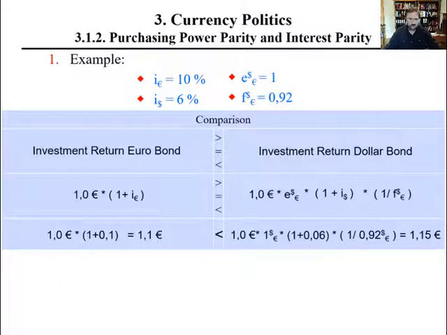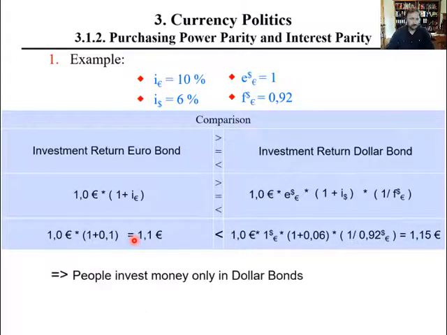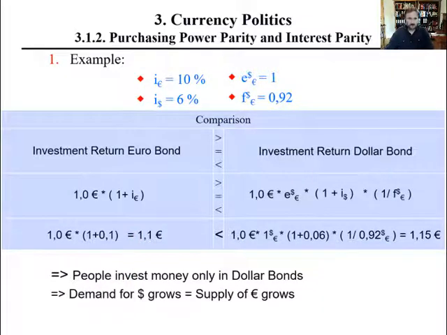Since the return of a dollar bond investment is higher than the return of a euro investment, people want to invest their money only in dollar bonds. As a result, demand for dollar grows.